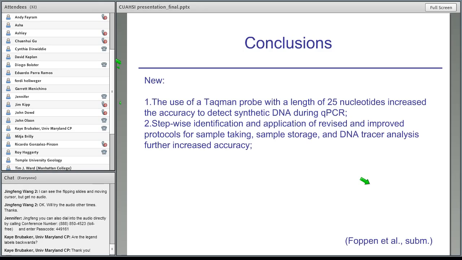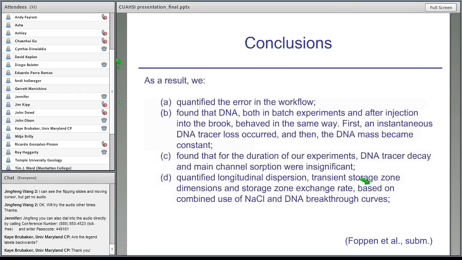So if you want to use this method, I can really recommend you to immediately start using a probe and don't do anything with Cyberseminar. The stepwise identification and application of a revised and improved protocol for sample taking and storage and tracer analysis further increased the accuracy of our entire method, and as a result we were able to quantify the error in the entire workflow.